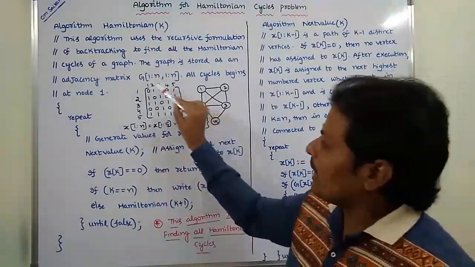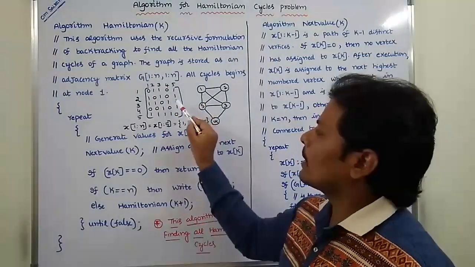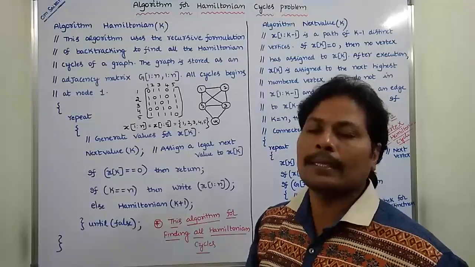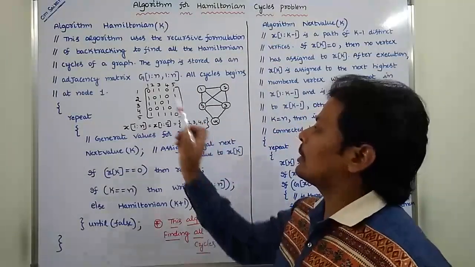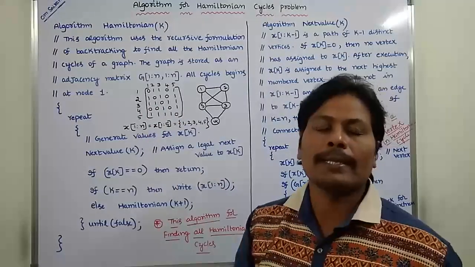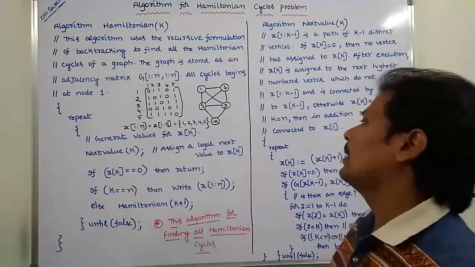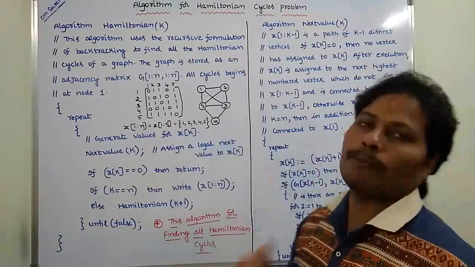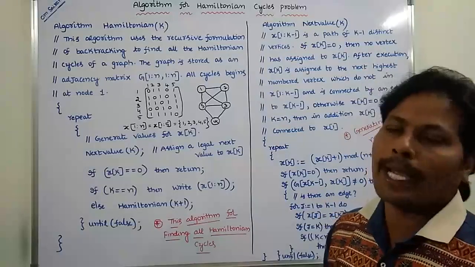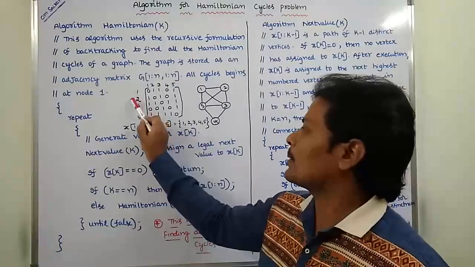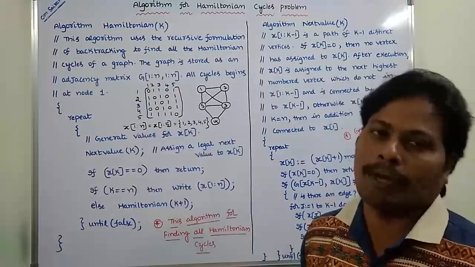So in the adjacency matrix, the value 1 represents that the two corresponding vertices are connected by an edge. For example, 2 comma 5: vertices 2 and 5 are connected by an edge, so the corresponding value is 1.